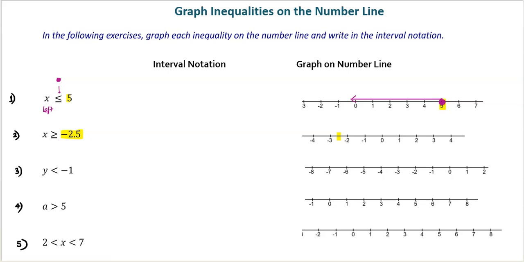Now, since the sign is greater than or equal to, it should be a filled circle. So at this point, you have a filled circle. Now you have to decide whether it goes right or left. For less than, it's left, so for greater than, it should be on the right. So from this point, the line will be on the right side.